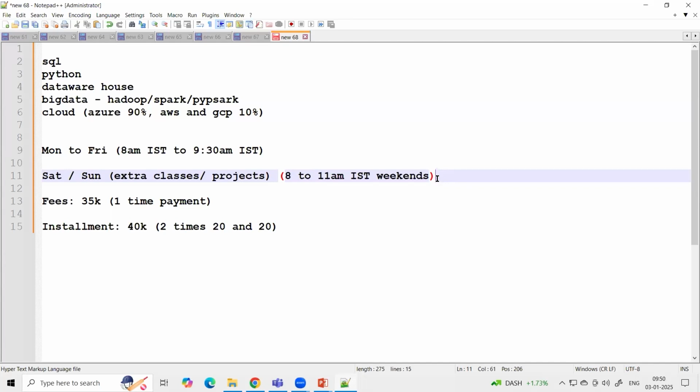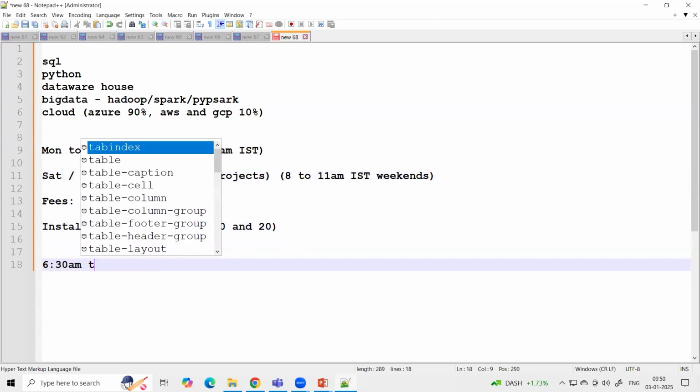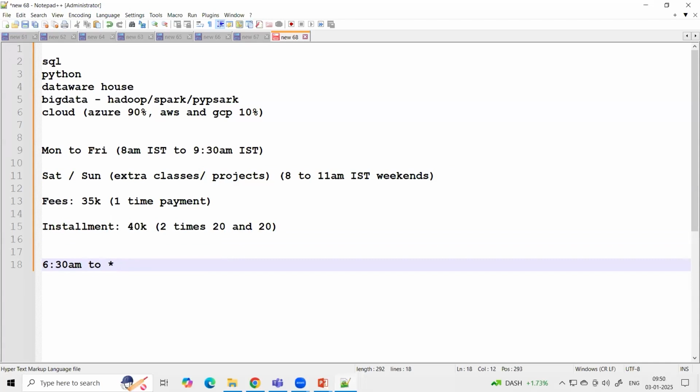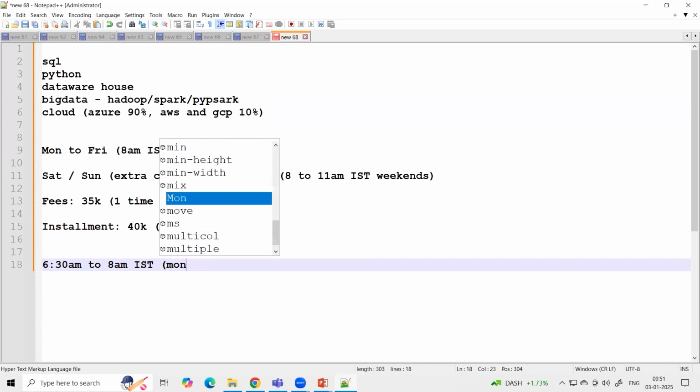Santosh, this morning timing is office timing on Monday to Friday. Can it be earlier? We have another batch, a 6:30 batch. When will it start? It will start on March 1st. This will be another morning batch.